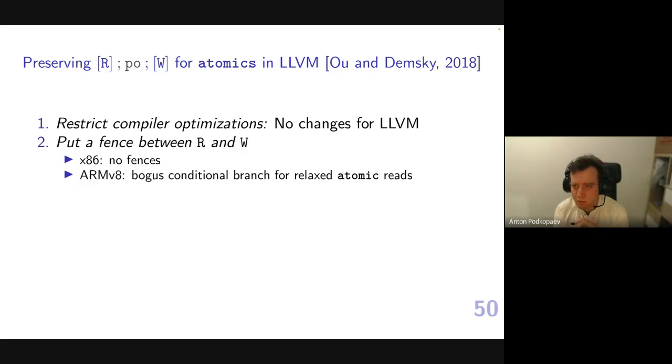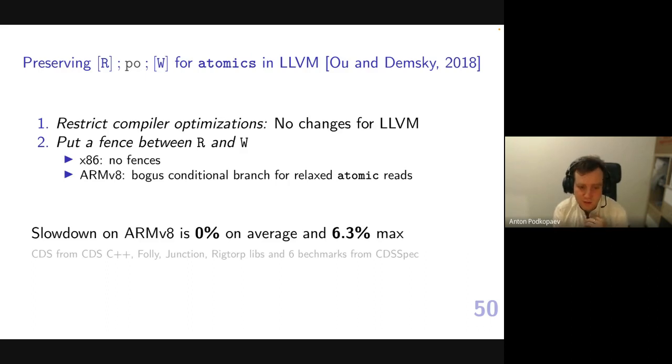The most straightforward one is to insert a memory fence, but the research showed that it's more efficient to just insert a bogus conditional branch between such reads and writes. And interestingly enough, the slowdown on big programs used for testing this approach showed that on ARMv8, the average slowdown is 0% with a maximum slowdown of 6.3%.